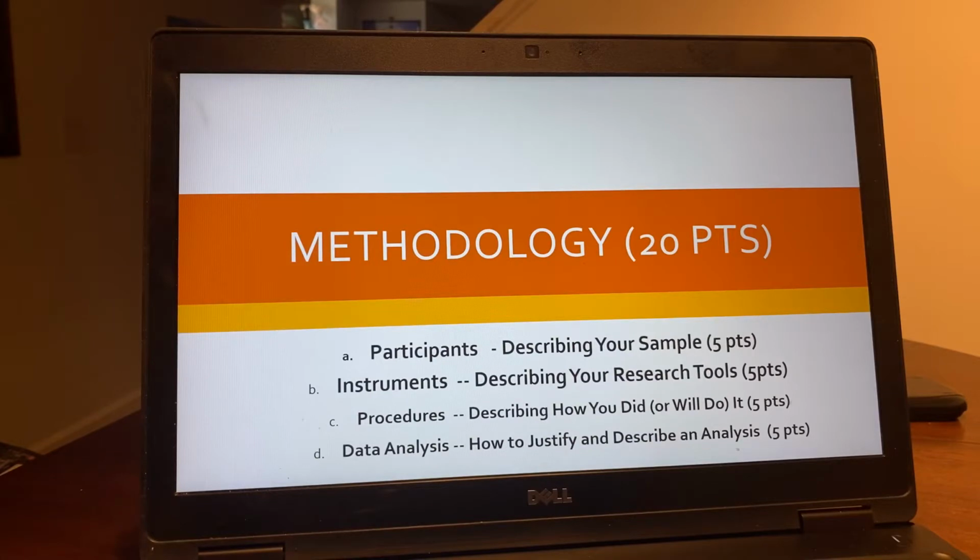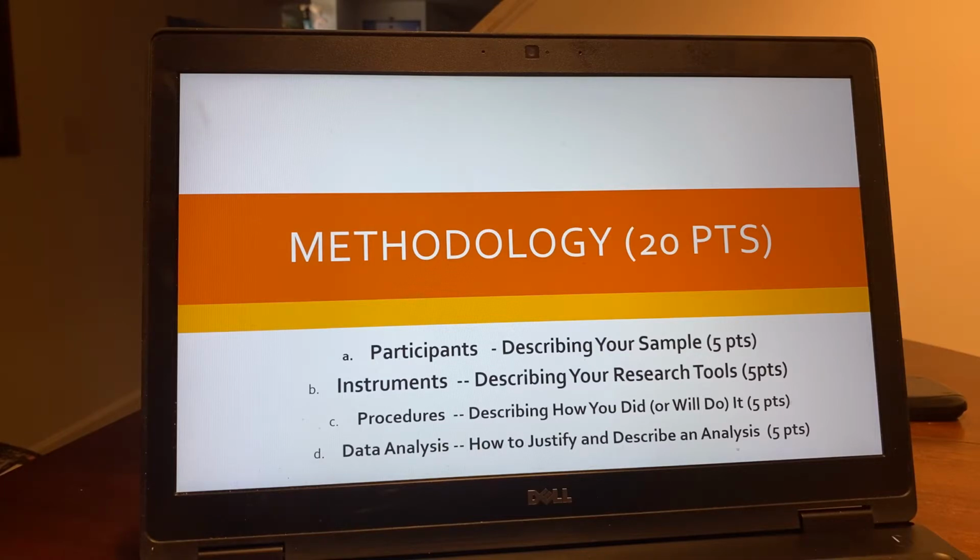For this section, it's 20 points, and you can see it includes 4 parts. One is participants, 5 points, describing your sample. The second part is instruments, 5 points, to describe your research tools.